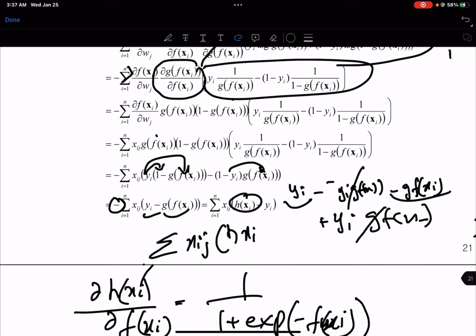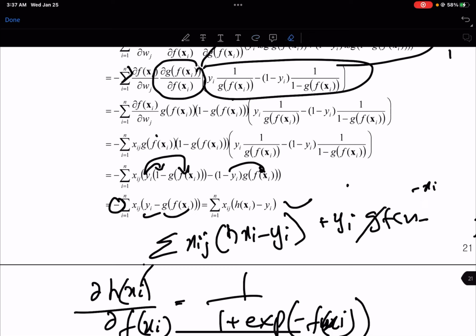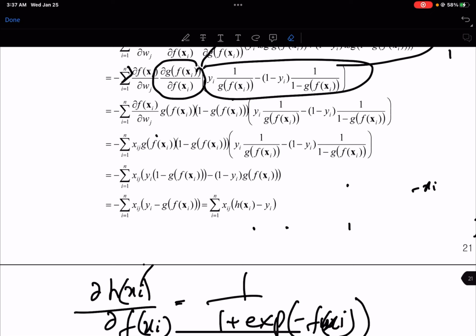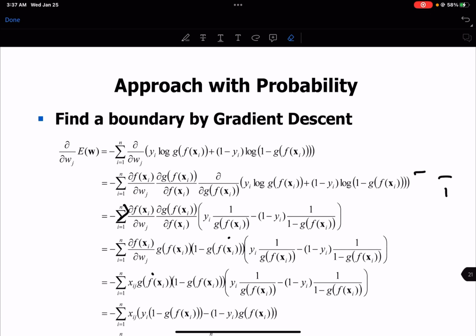So h of xi minus yi is your derivative, or your partial of your error function for the gradient descent.